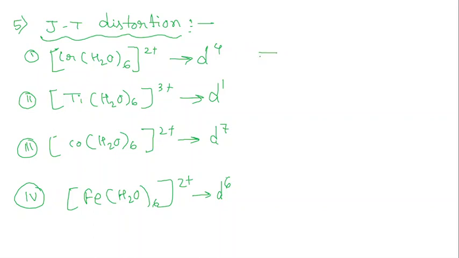Okay, now I'll draw the d orbital splitting diagrams for all the complexes 1, 2, 3. These are all high spin complexes where the weak field ligands are coordinated with the metal center. So now I am filling 4 electrons.